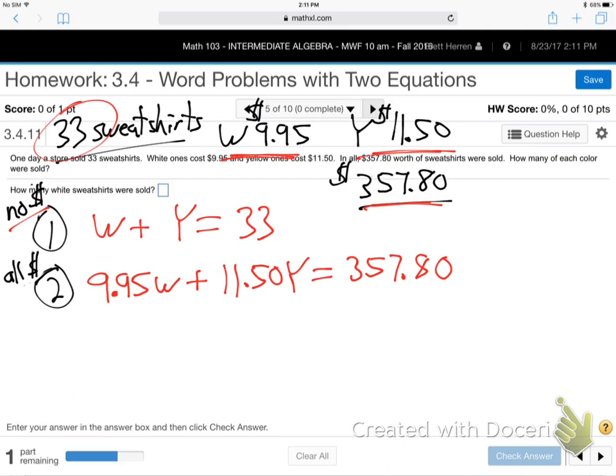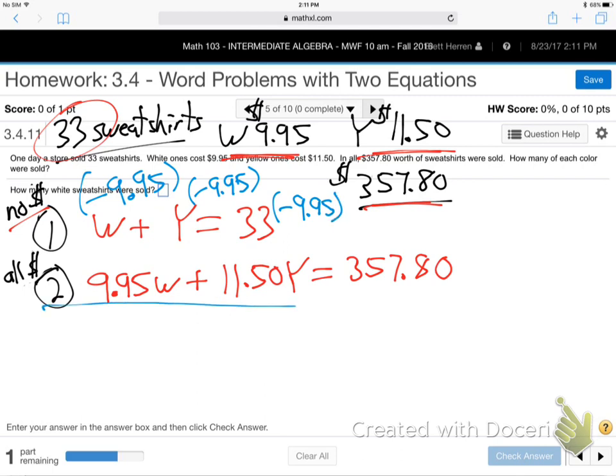These are going to be ugly decimals, but make the fronts opposites, right? So we'll just multiply the top equation by minus 9.95, minus 9.95, and minus 9.95. Good?